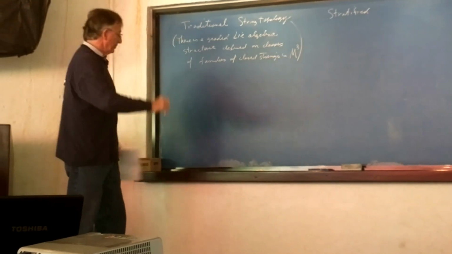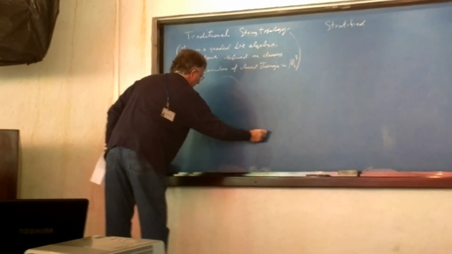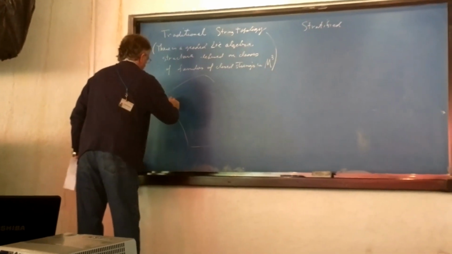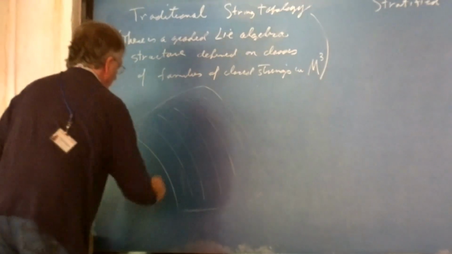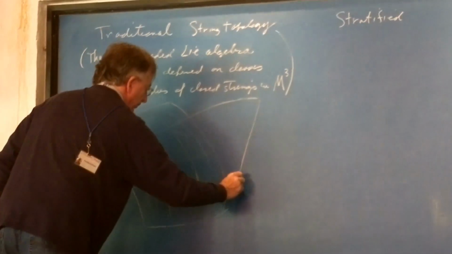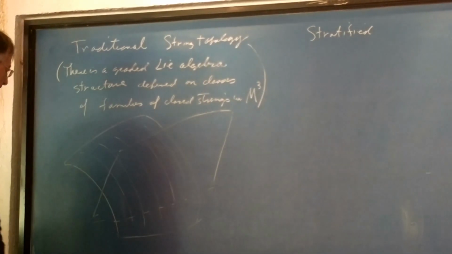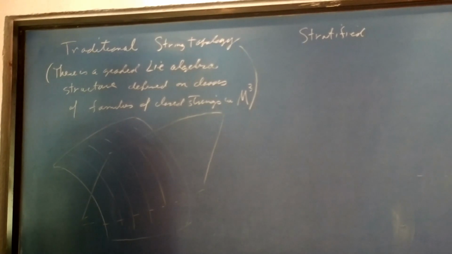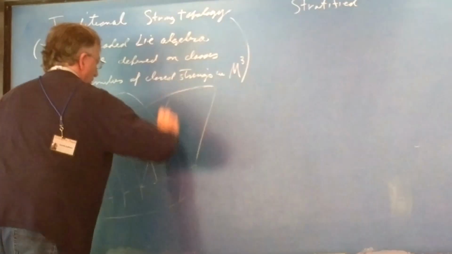So it's a surface mapping to the manifold. I'm just going to draw a piece of the surface here. And here are the strings. And then I maybe have another one. I'm just drawing a piece of it. And maybe it's circles going like this.